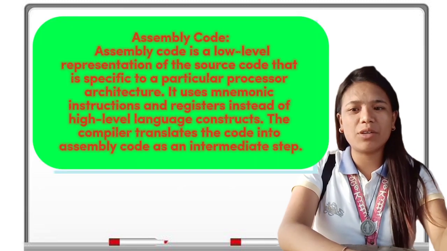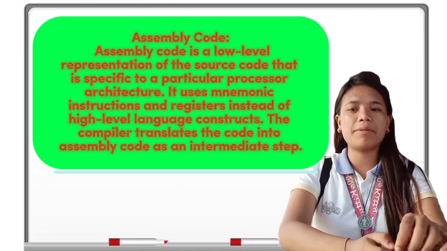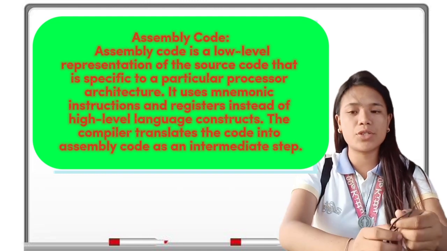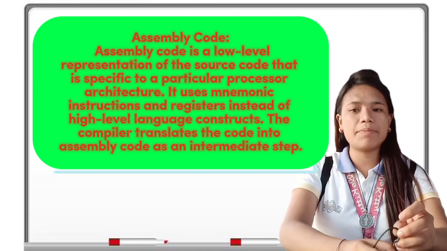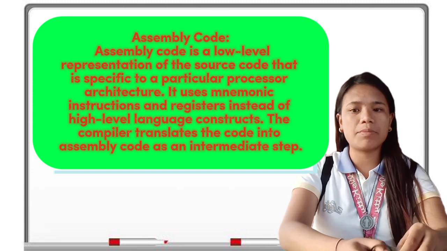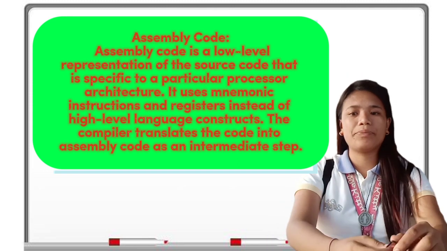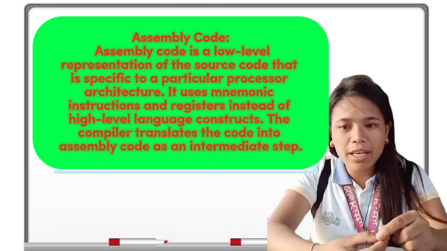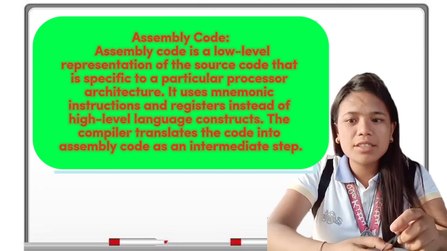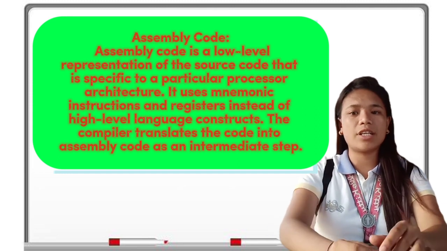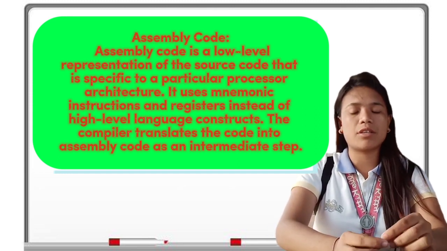So, assembly code. The assembly code is a low-level representation of the source code that is specific to a particular processor architecture. It uses mnemonic instructions and registers instead of high-level language constructs.